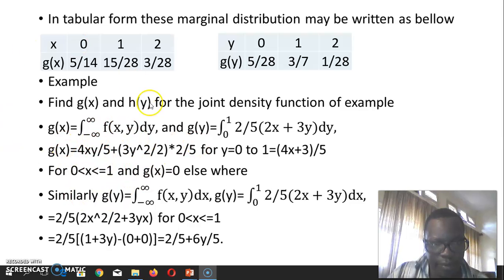Since our interval of x lies between 0 and 1, we shall use it, and then the joint function was given as 2 out of 5 into 2x plus 3y with respect to y.